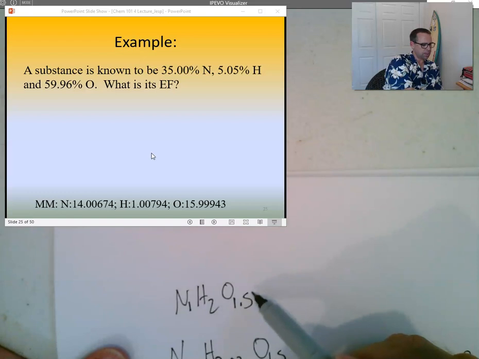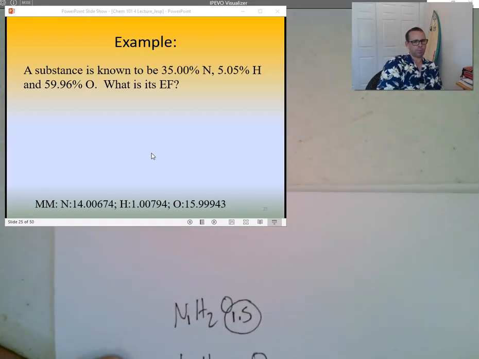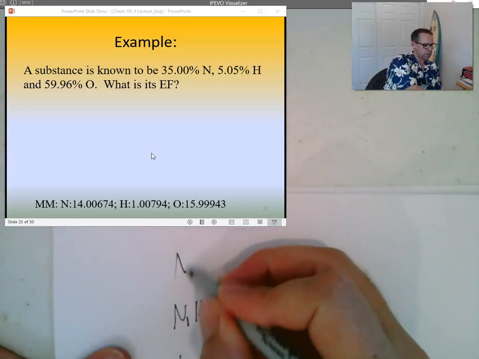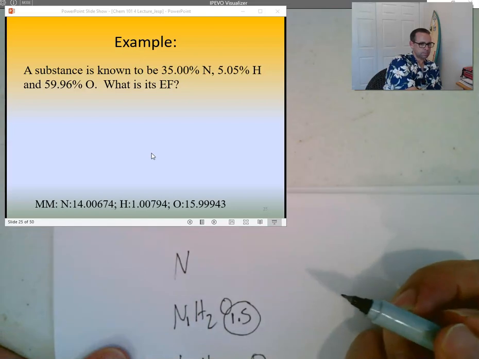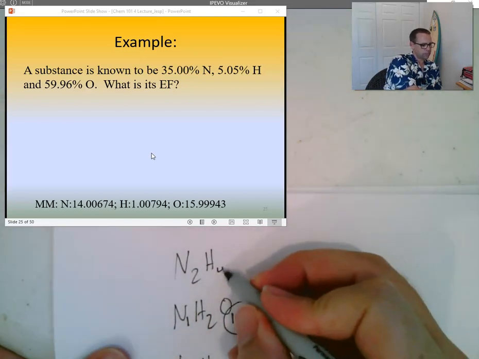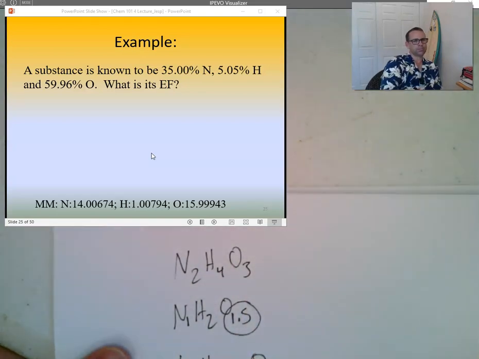But now we have to multiply everything by something so that that becomes a whole number, right? By 2. Yeah, multiply everything by 2. So N, what? 2. H? 4. O? 3. Very good. That's the empirical formula, N2H4O3.